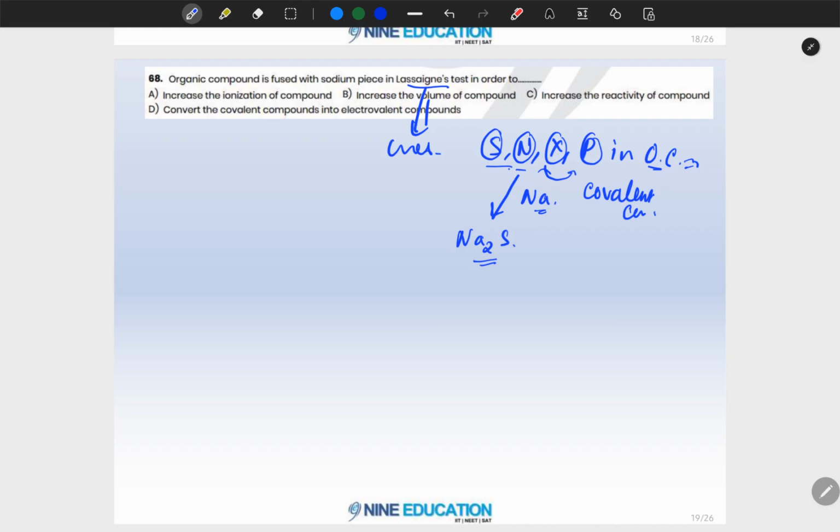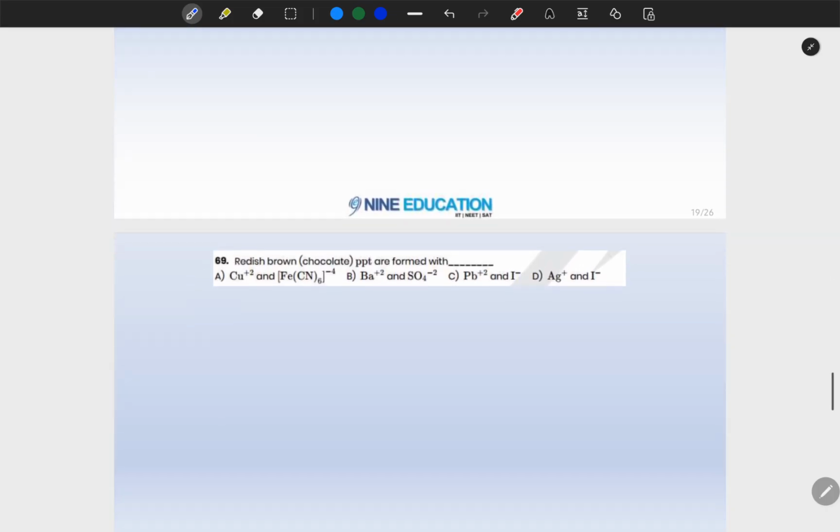That's why sodium metal is generally used to convert the covalent compounds into electrovalent compounds. So that's why D is the correct answer. Let's proceed to the next question.